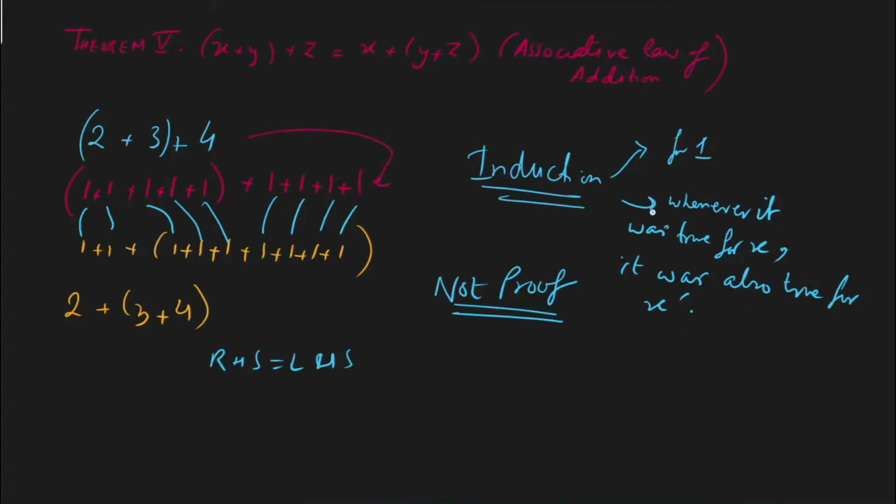So if we have shown that these two statements hold, then by axiom 5 we can say that the statement that we are trying to prove is true for natural numbers. This was our axiom 5 of natural numbers.